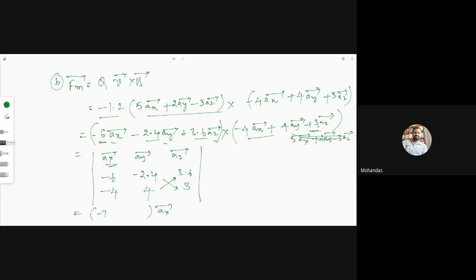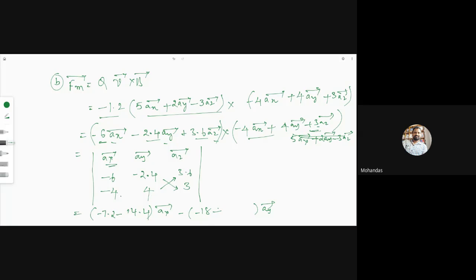Next, minus of AY: while calculating AY, you have to close this column and multiply 6 into 3, minus 18, next 4 into 3.6, minus into minus becomes plus 14.4.